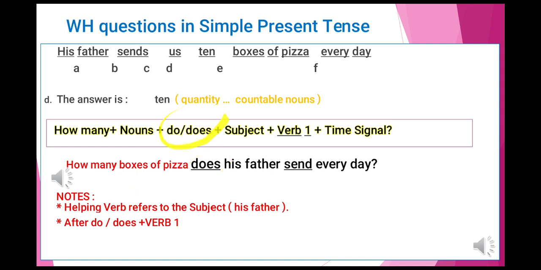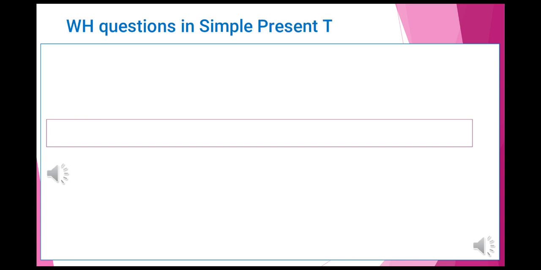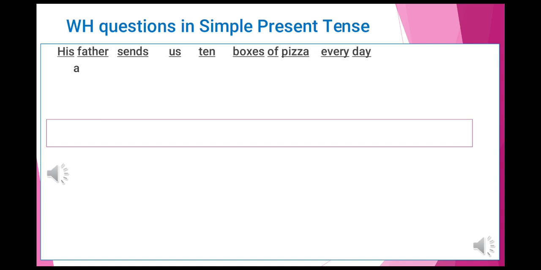Now we want to know the things. If you want to know the things, you can use "what". The things is boxes of pizza. The answer is boxes of pizza.